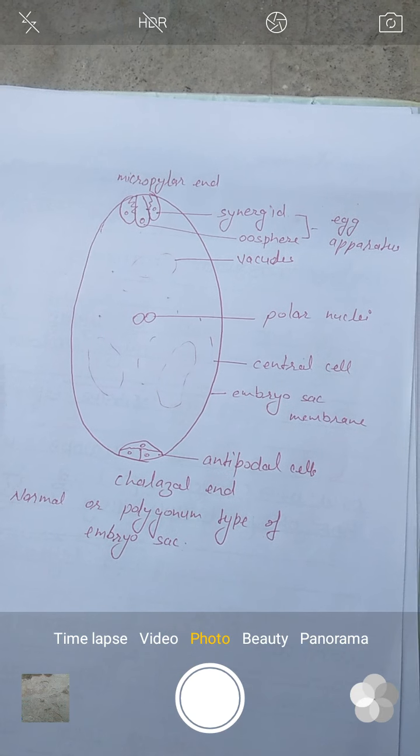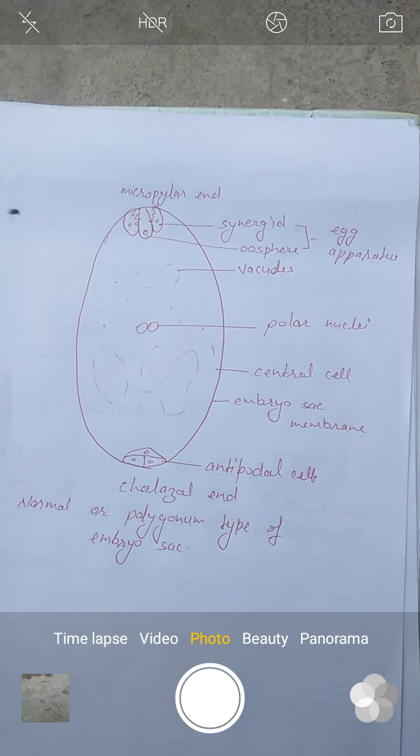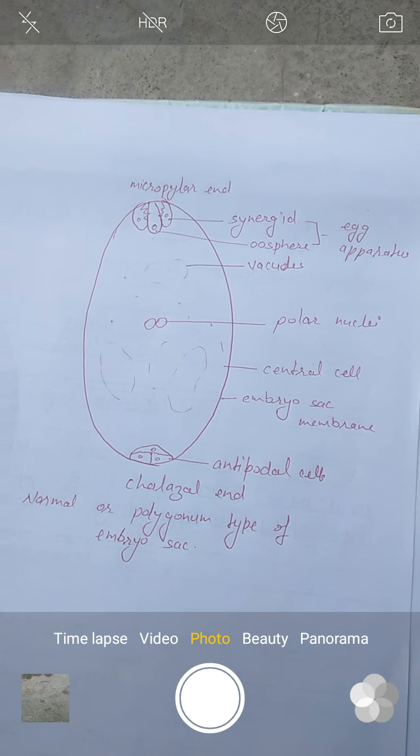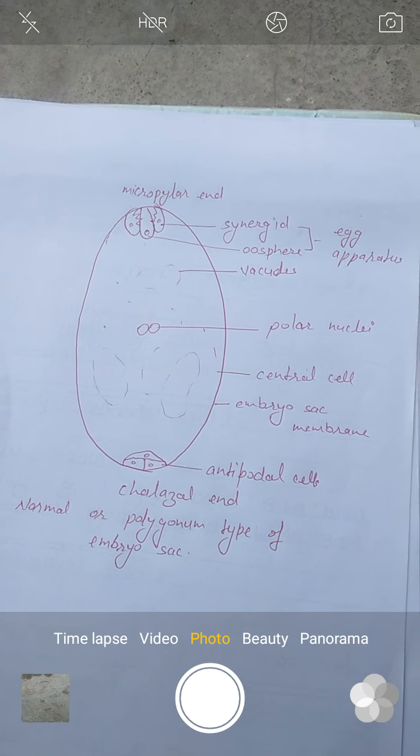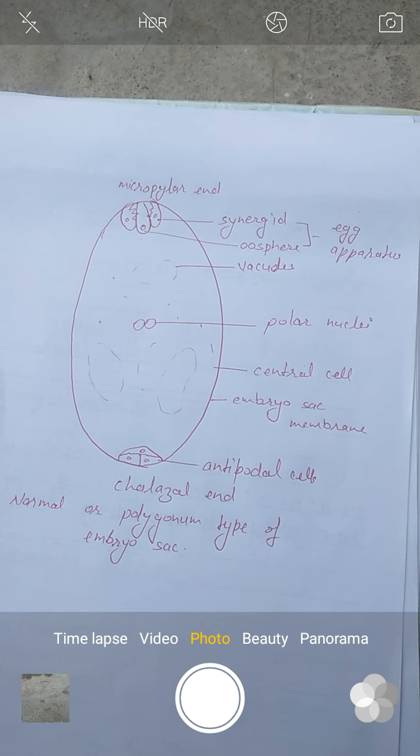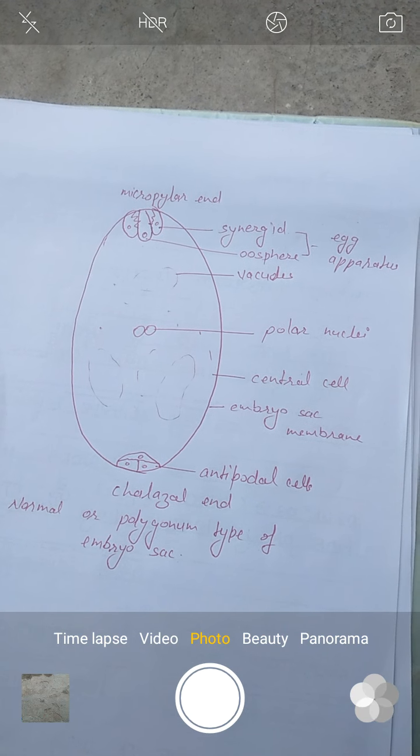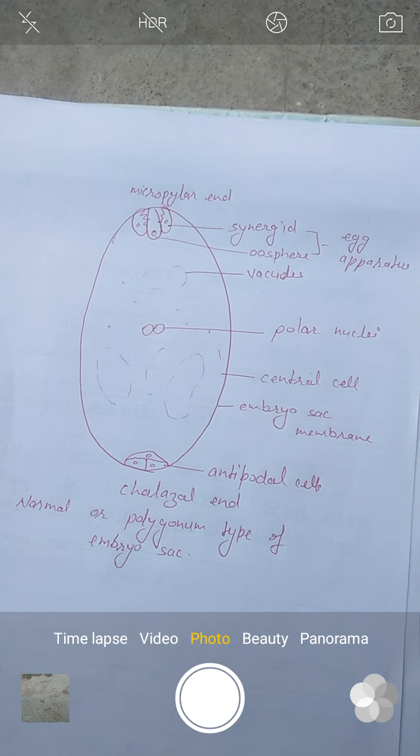The egg or oosphere represents the single female gamete of the embryo sac. The synergids help in obtaining nourishment from the outer nucellar cells, guide the path of the pollen tube by their secretions, and function as a shock absorber during the penetration of the pollen tube into the embryo sac.